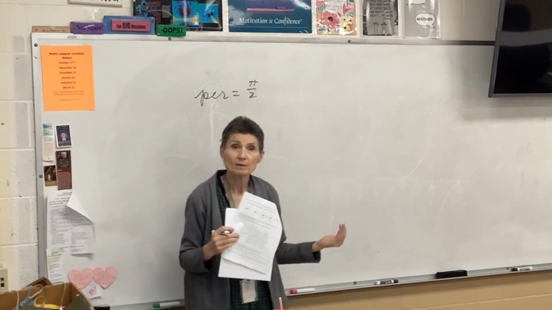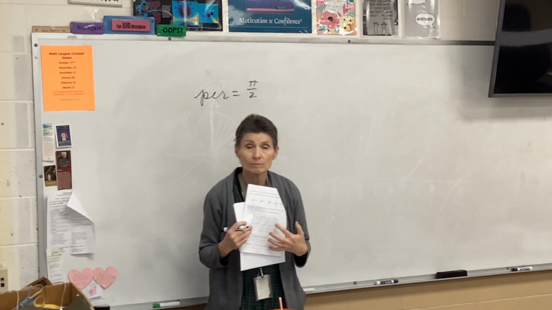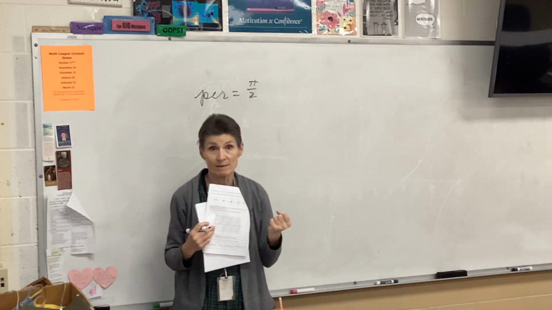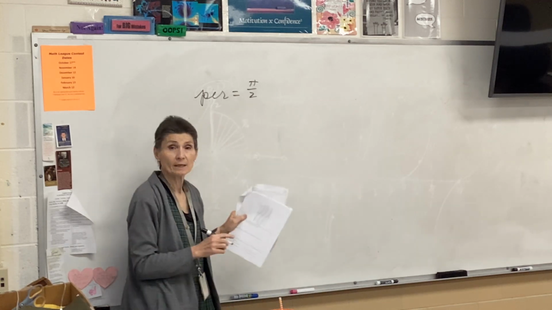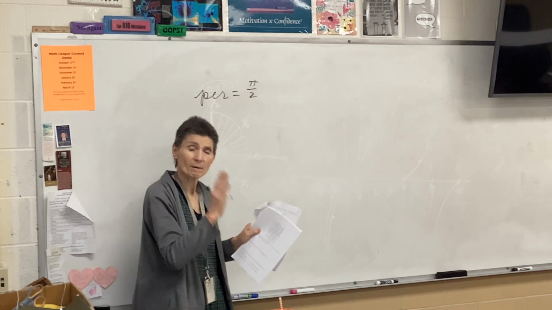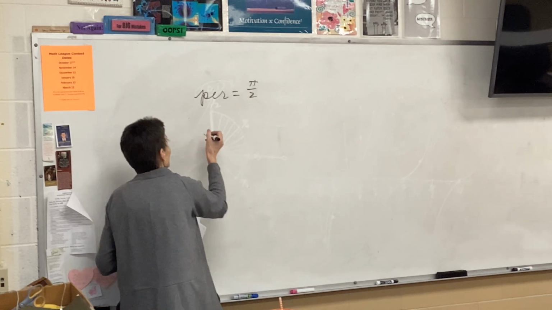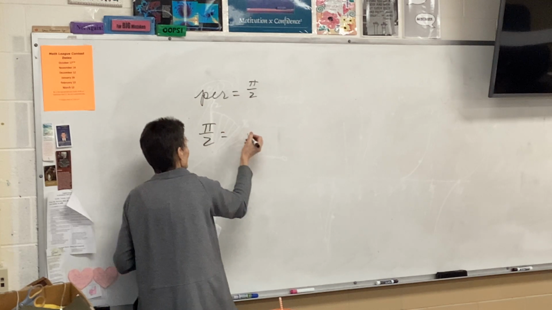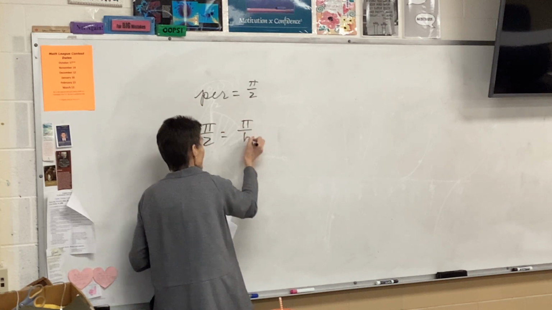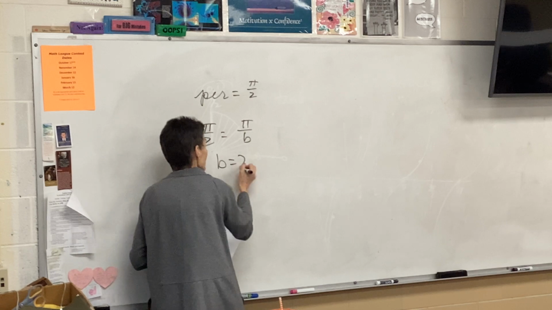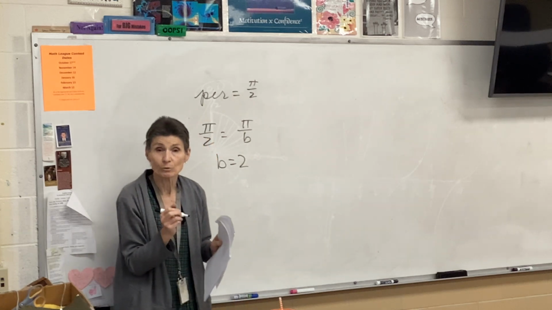A regular period in a tangent is pi. This period, negative pi over 4 to positive pi over 4, is pi over 2. So, if pi over 2 equals pi over b, then clearly my b coordinate must be 2.